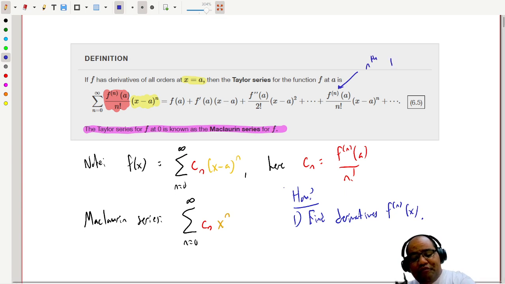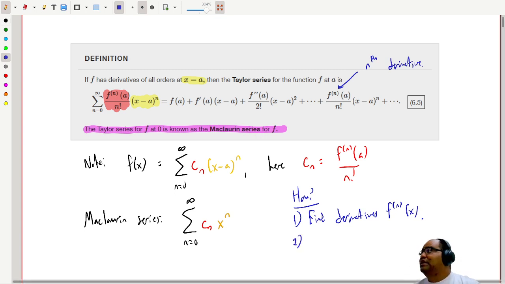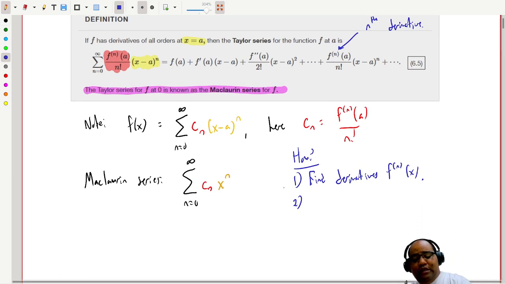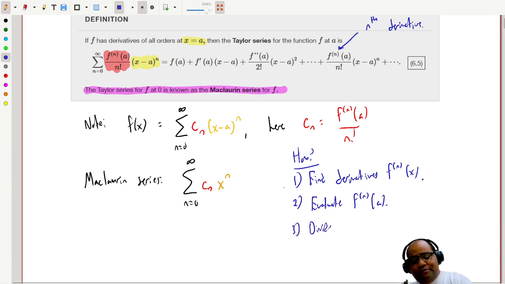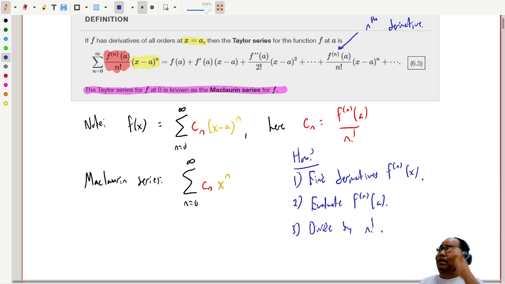So we're going to find the derivatives. That's the first step. The second step is to evaluate the nth derivative at the point a, and then divide by n factorial.